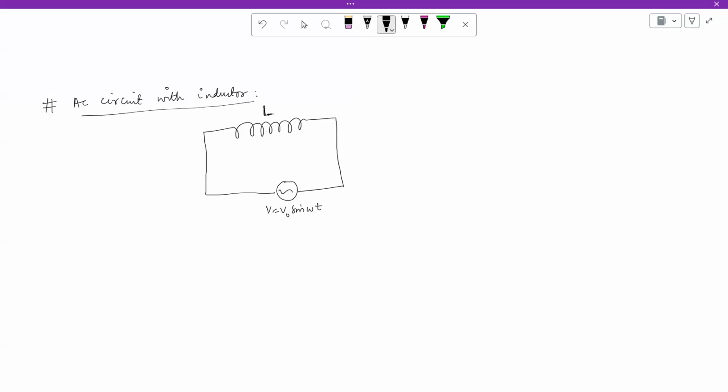This inductor has what kind of thing? Self-inductance, right? So V is what? For an inductor, what is voltage? It was inductance into change in current. Yes, absolutely correct.